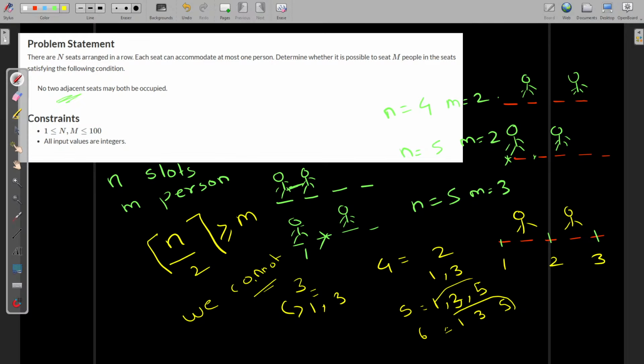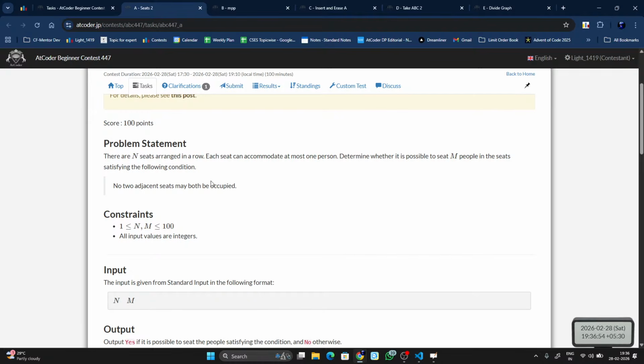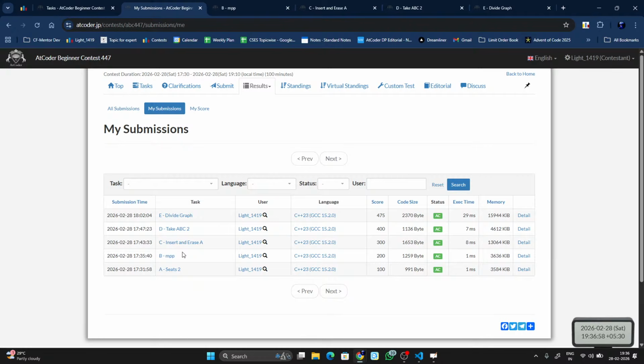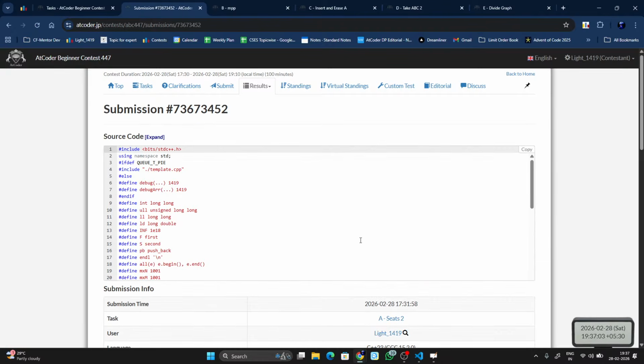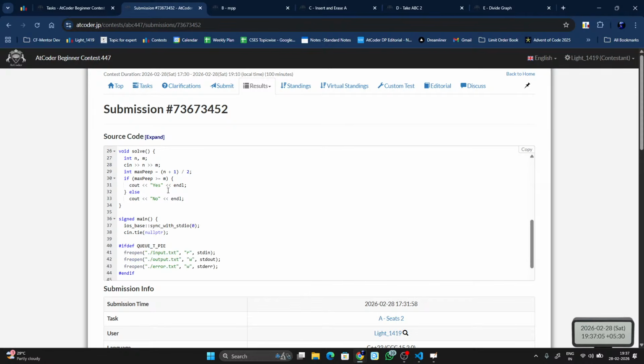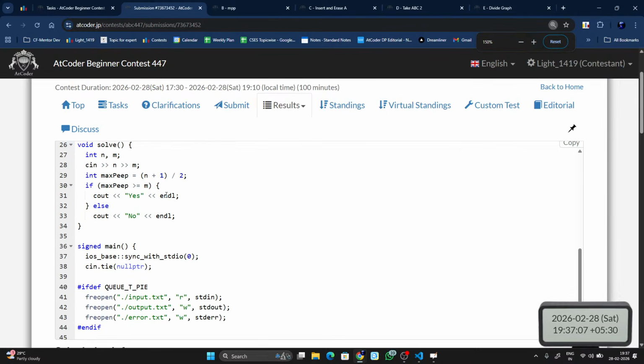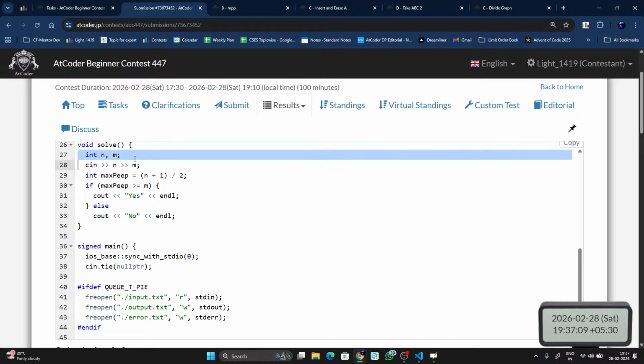So let's check the code of this particular problem. First let's take the input, two integers n and m.